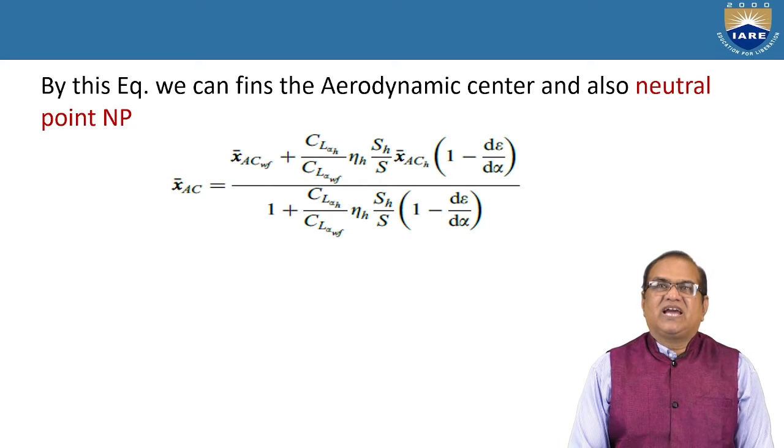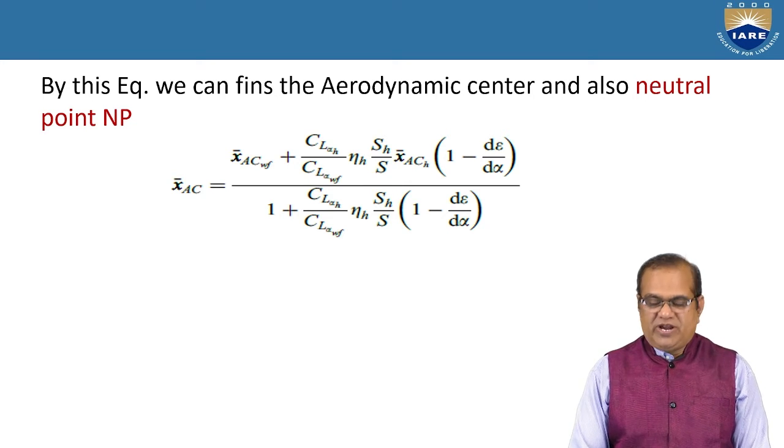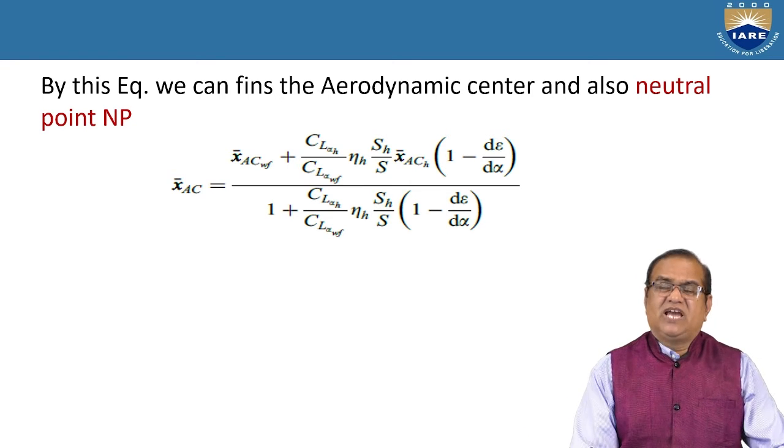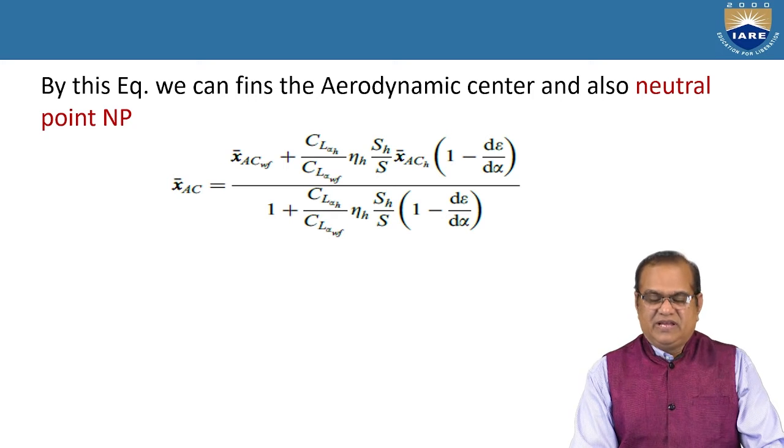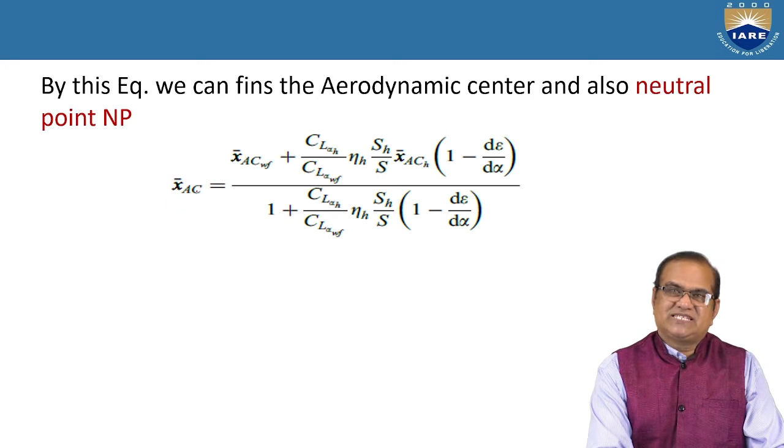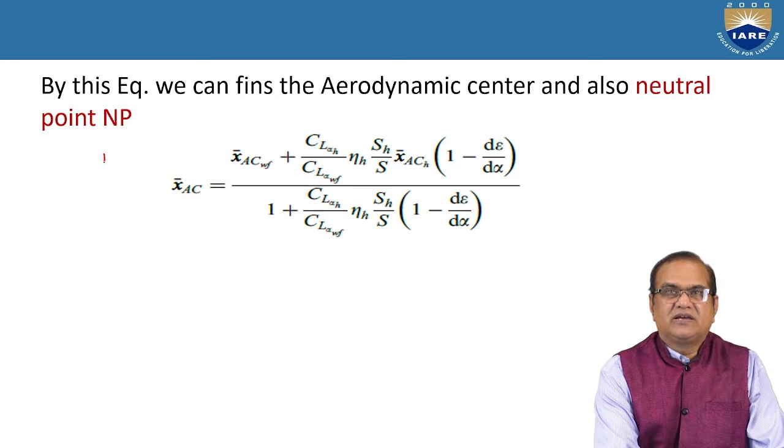By this equation, we can find the aerodynamic center and also the neutral point. This we have already derived. I think you remember that from my previous classes. So xAC is the location of the aerodynamic center.